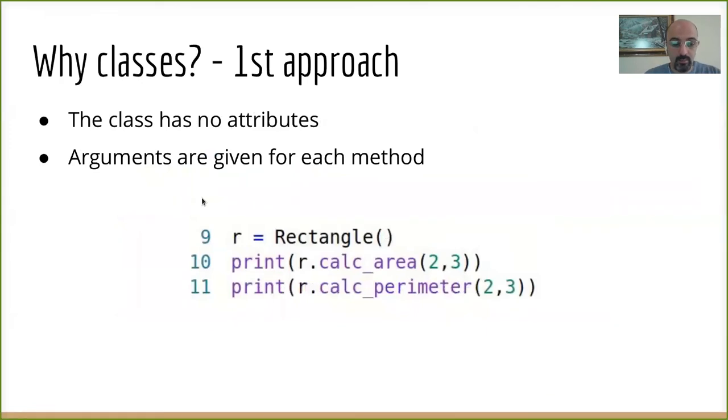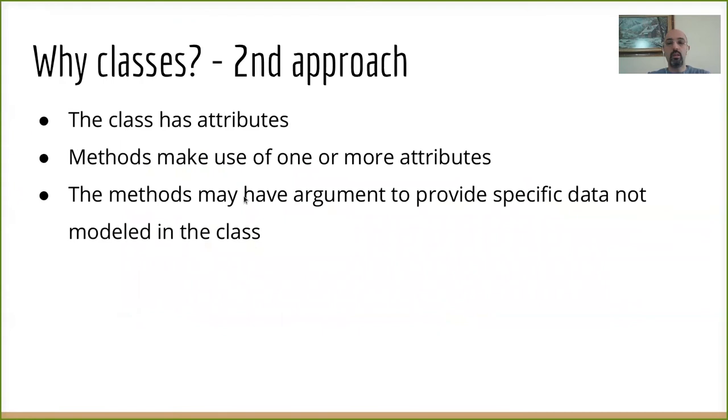Another utility is the fact that we are aware that classes have attributes, have some values included. And in general, when methods turn useful, methods usually make use of one or more attributes.